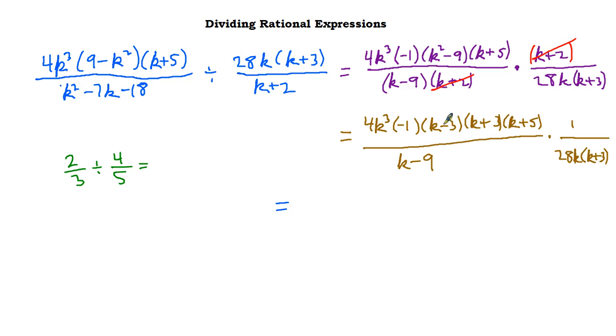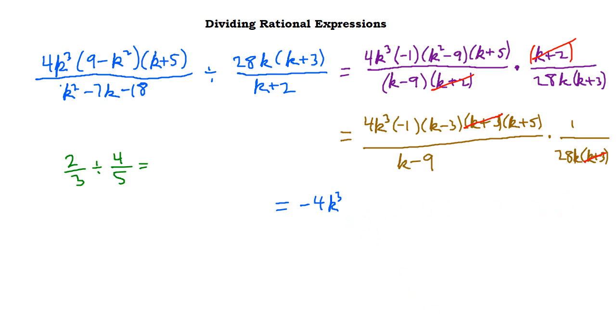You might want to cancel this k minus 3 and k minus 9, but you cannot, so just leave that alone. I'm going to move the negative 1 out in front because I can. I can just change the order of things that I'm multiplying. So I'm just going to say it's negative times 4k cubed instead of 4k cubed times negative 1. I'm going to cancel this k plus 3 and this k plus 3. There was a method to my madness there.